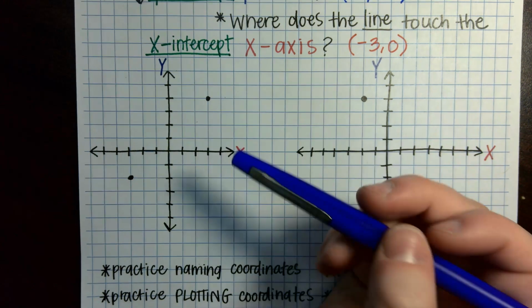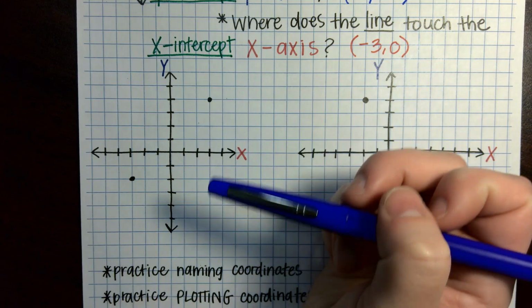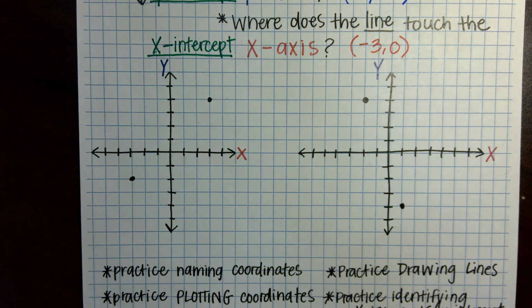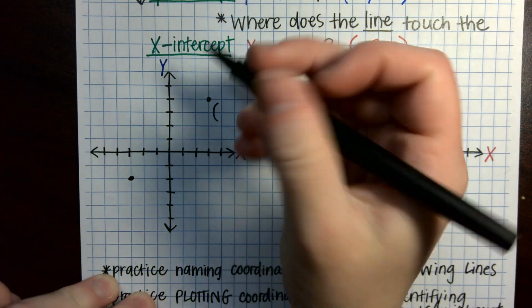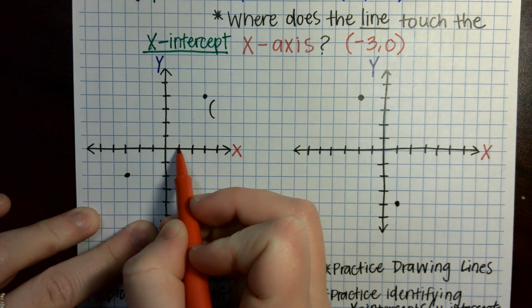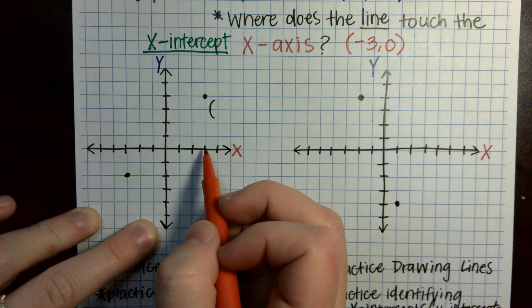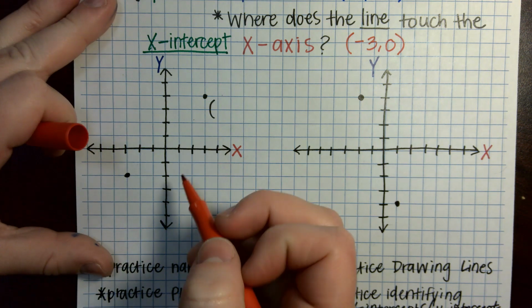So, let's look at our point on the top half of our graph right here. What would our x value be? Let's count together. We've got 1, 2, oh, I counted the wrong one. 3. You're okay, you're okay.